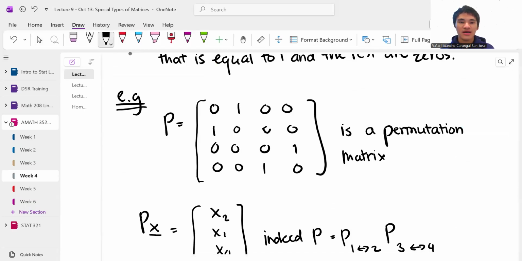So if you look at it row-wise, it's only one entry, and that entry is equal to 1. If we look at it column-wise, oh, I lost the 0. If we look at it column-wise, it's also one entry per column, and that entry is also 1.